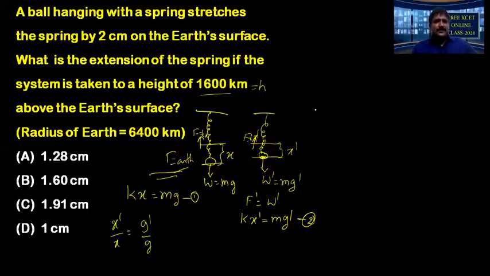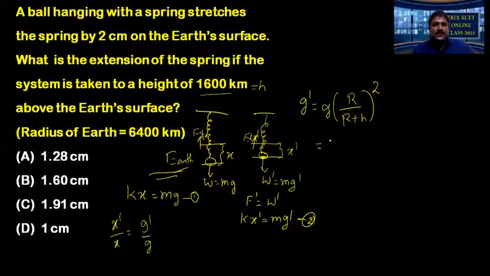See, at that height, let me do the calculation. At a height of 1600 kilometer, it is not a small height. Hence, we have to use the exact formula for acceleration at a height, that is g into r by r plus h, squared. h is 1600. Now the simplification: g into r, 6400, divided by r plus h, 6400 plus 1600, which is 8000.